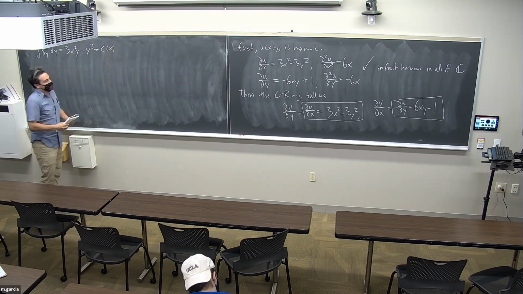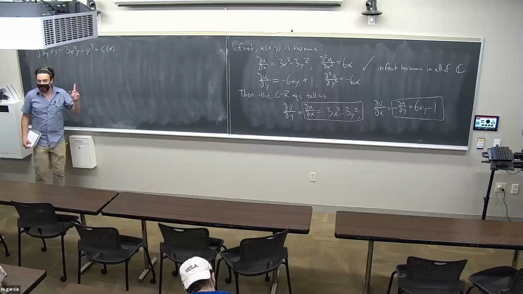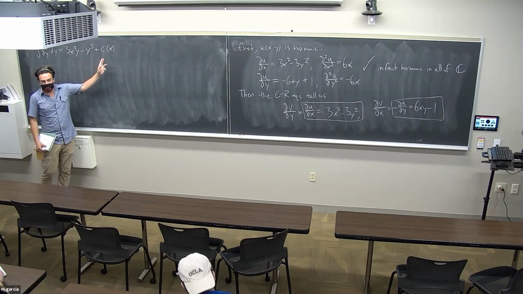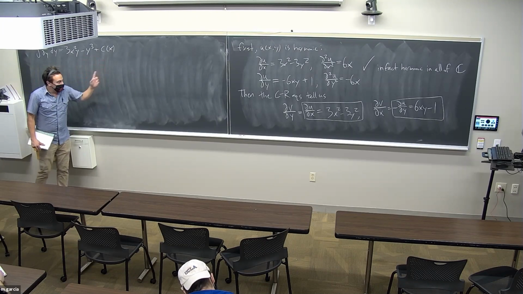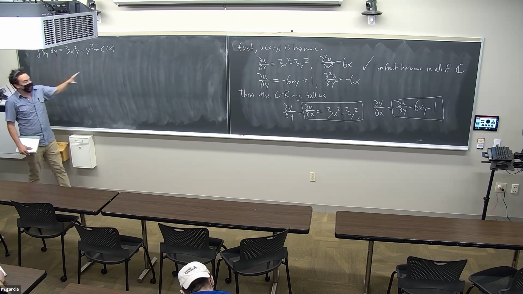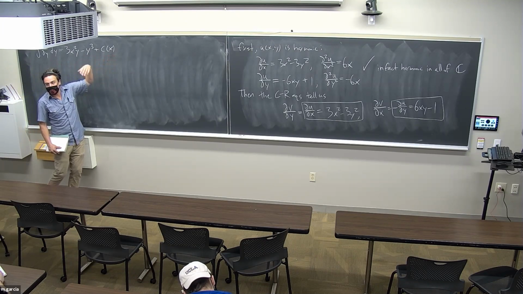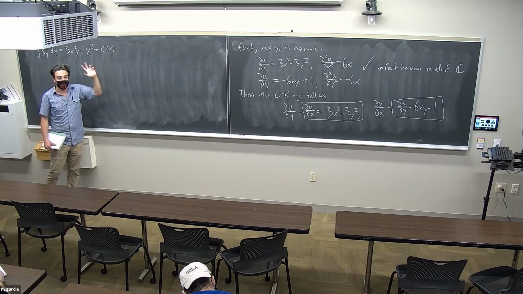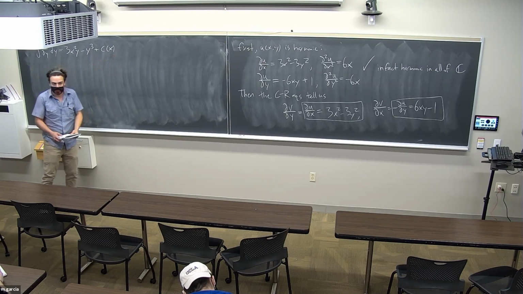Of course, remember this from multivariable calculus. We have to add a constant when we take an indefinite integral. But when we're just considering the variable y, any function of just x is treated as a constant. So we throw in this function as our constant, c of x. Okay? Good.